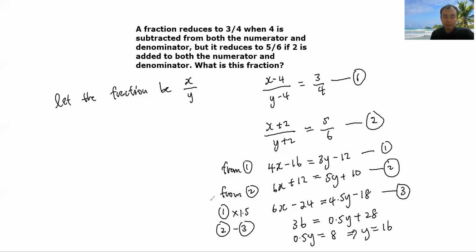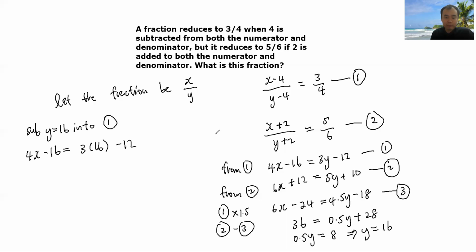Now since we know that y equals 16, we can substitute y equals 16 into equation 1 or 2, it's really up to you. Let's say I substitute into equation 1. So 4x minus 16 equals 3y minus 12, where y is 16 now.